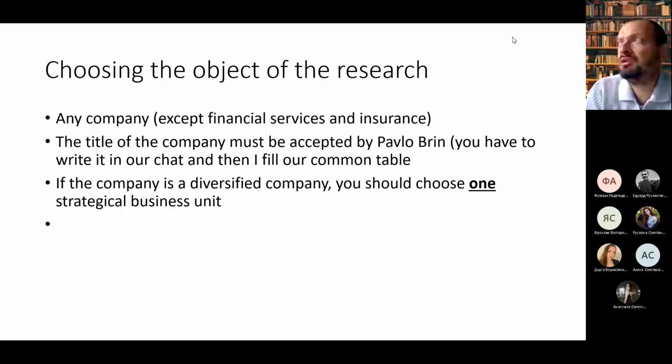For example, if you are choosing the Chumak company, this is a diversified company, so you will have to choose only one strategic business unit. It could be oil, or ketchups, or pastas, only one strategic business unit. Okay.